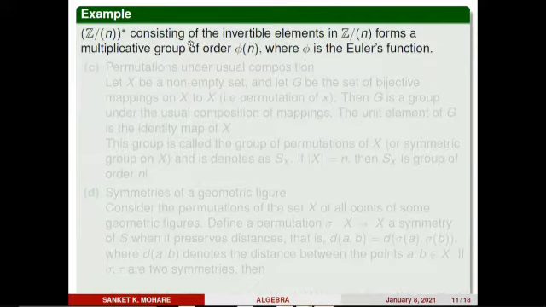So Zn star consists of the invertible elements in Zn. Here I collect the set of elements which are invertible. So which elements are invertible in Zn? Simply one can say, Zn star is the set of all the non-zero elements in Zn.